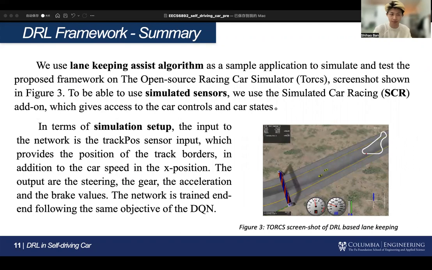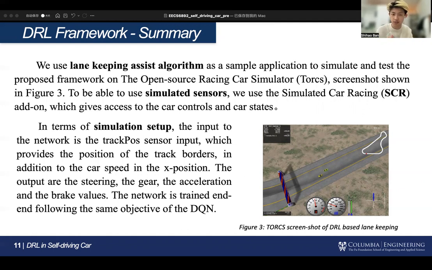So let's summarize. We use the lane keeping assist algorithm as a sample application to simulate the test and propose the framework on the open source racing car simulator, screenshot shown in Figure 3. To be able to use simulated sensors, we use the TORCS SCR add-on, which gives a set of car controls and car states.